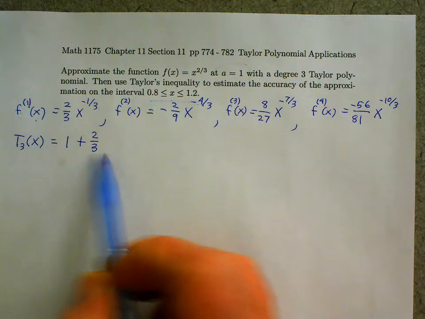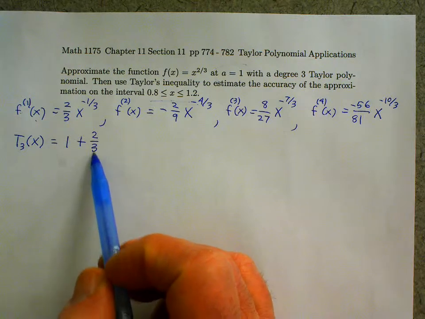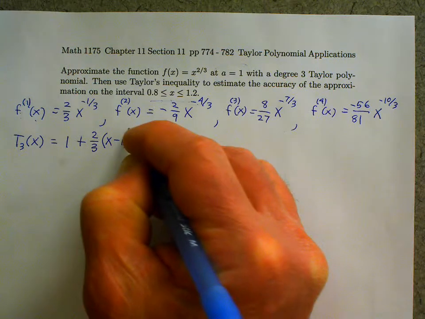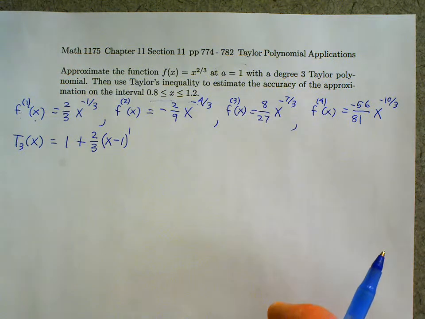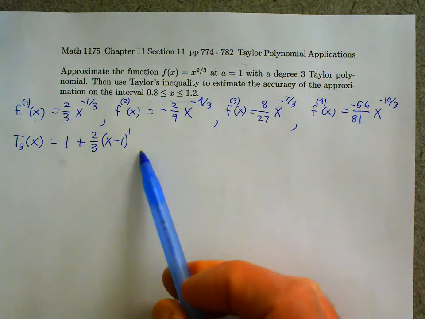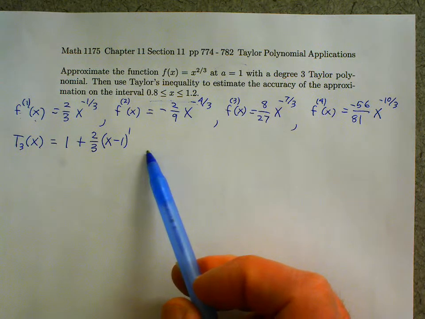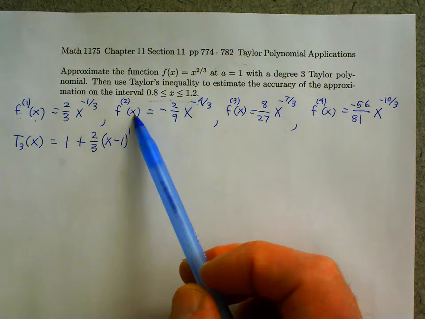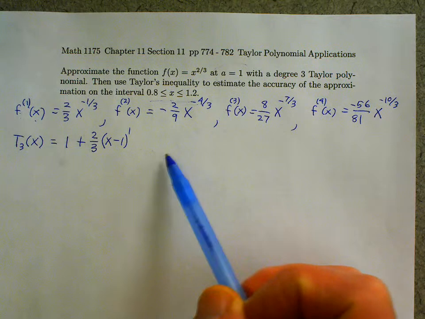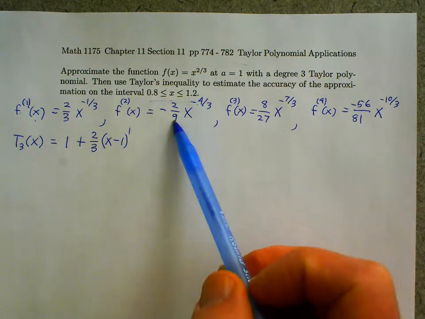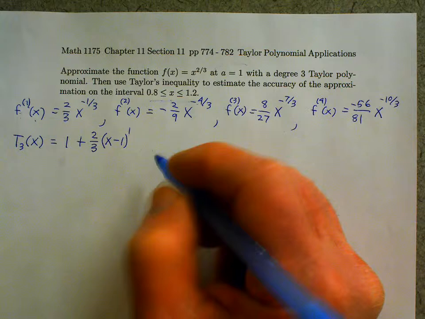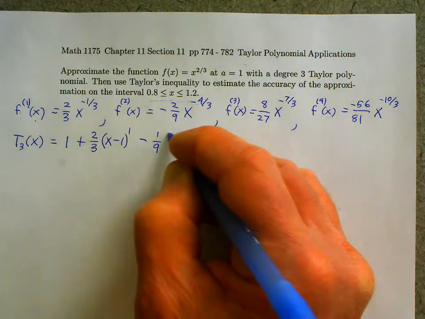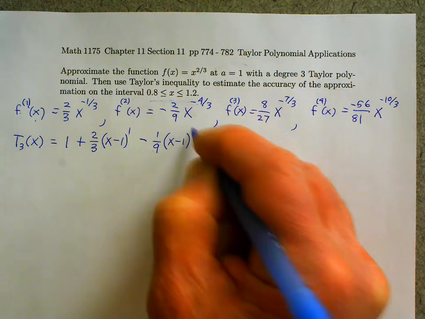And we divide this by 1 factorial, so it's just 2/3, and then times the binomial x minus 1 to the first. The next term in the degree 3 Taylor polynomial is the second derivative evaluated at 1 divided by 2 factorial. So negative 2/9 divided by 2 is just negative 1/9. So the coefficient is negative 1/9. And then times x minus 1 to the second.